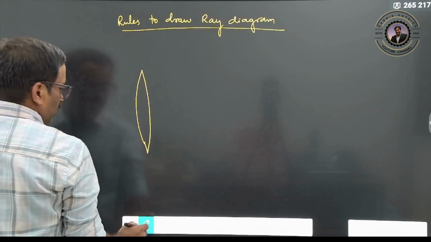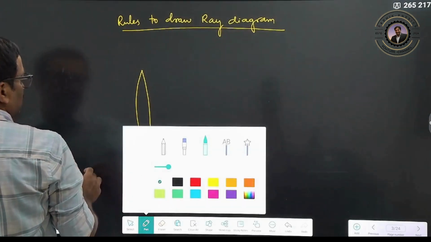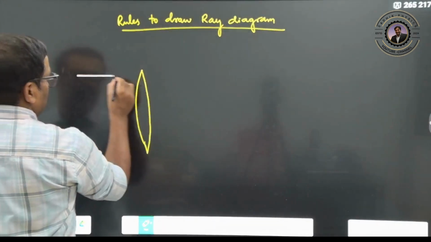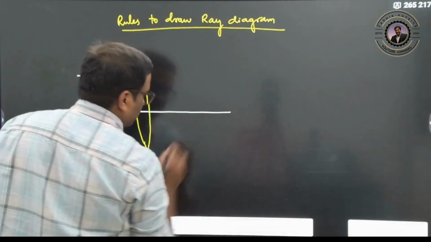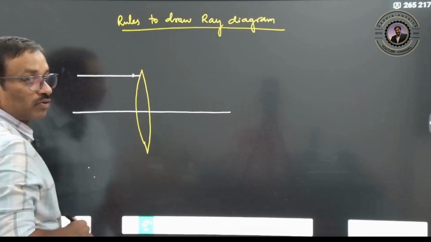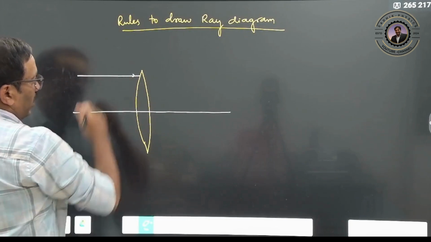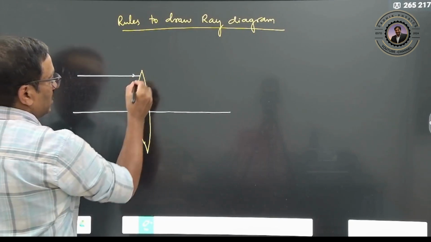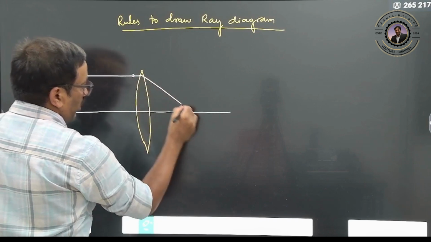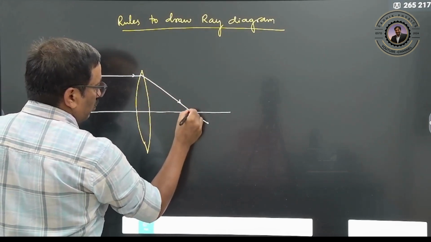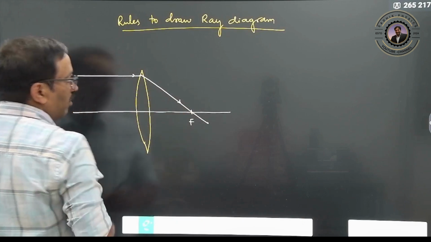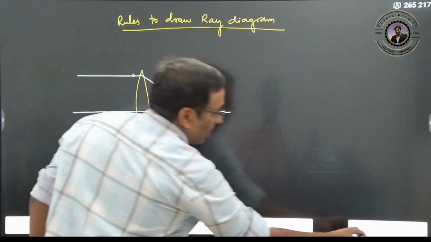Suppose this is your principal axis, a straight line passing through the center. If any light ray is parallel to the principal axis, after refraction it definitely passes through the principal focus. We can call this the first rule.